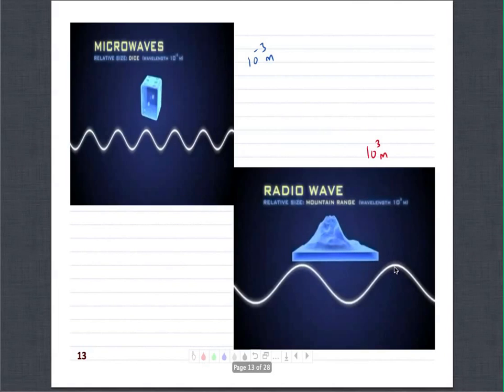Okay? Now these are all the radiation. What we usually like to do as scientists is squeeze all of them into one spectrum, and we call that the electromagnetic spectrum. And this is what the next slide is about.